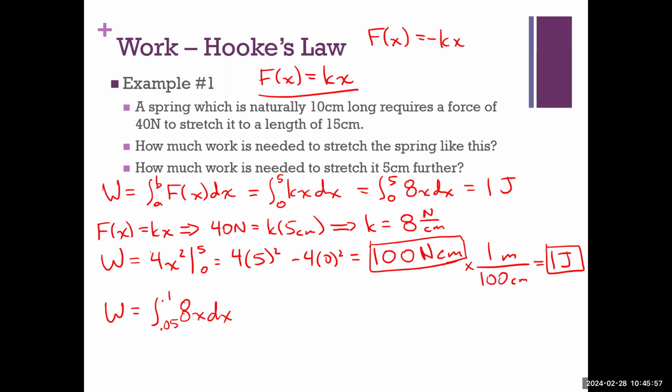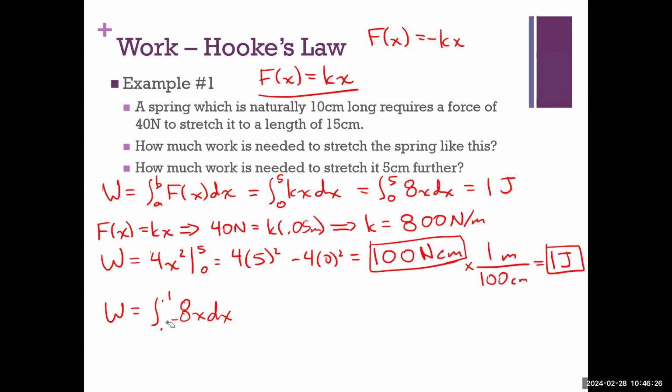Would the 8 change? I don't know, let's do Hooke's law again. We said that 40 newtons equals K times 0.05 meters, right? So what would that make K? 800 newtons per meter. Am I throwing too many moving parts at us?